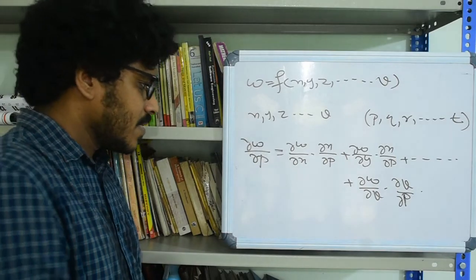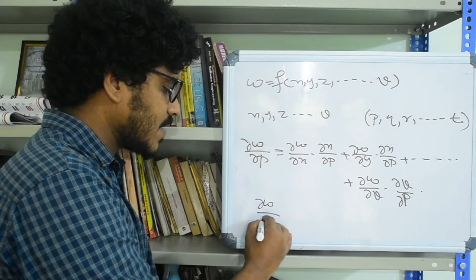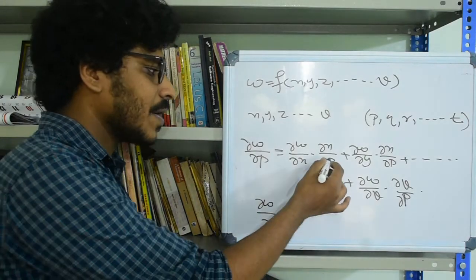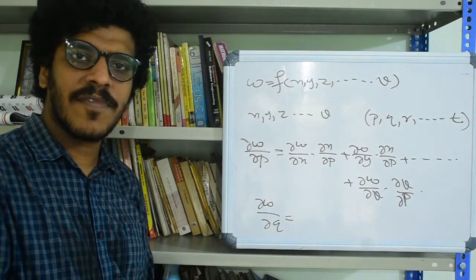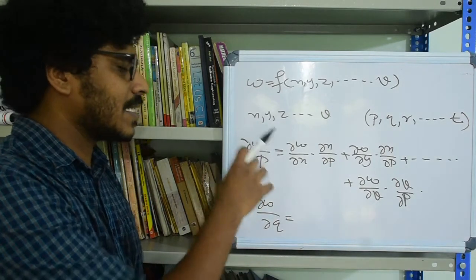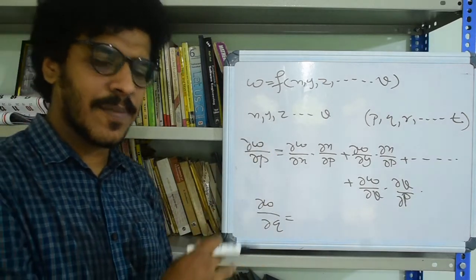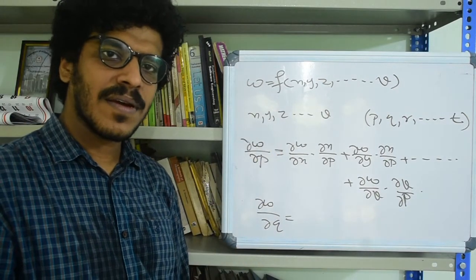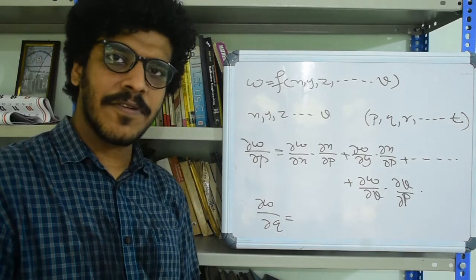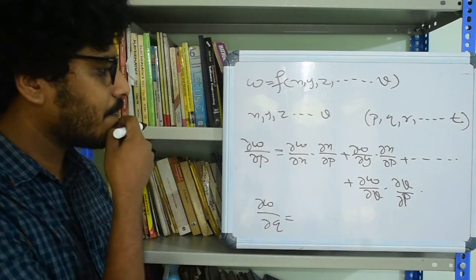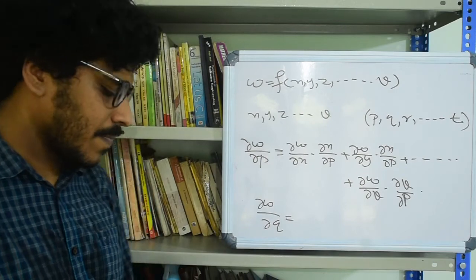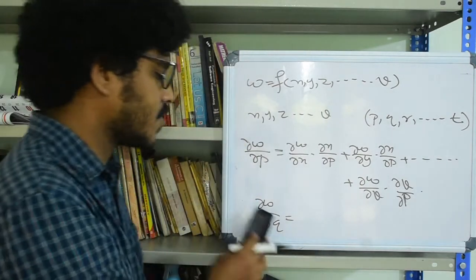Similarly, you can find the partial derivative with respect to any independent variable by simply replacing p with the required variable, one at a time. So this is a mere generalization of the previous concepts we have been discussing so far. There are a lot of exercises available in your textbook, and you can find at least one from each section and solve them on your own. We may not have enough time to discuss all of them.